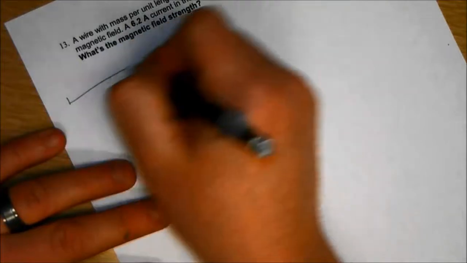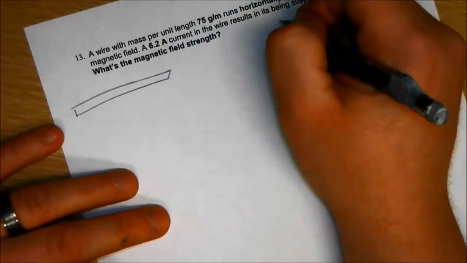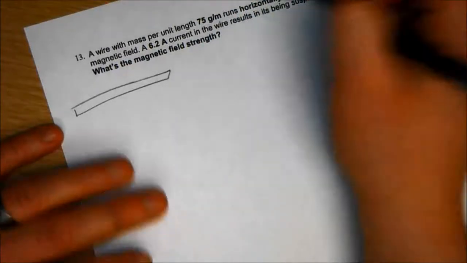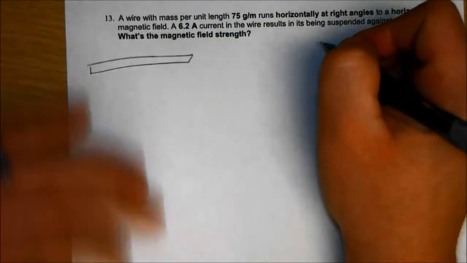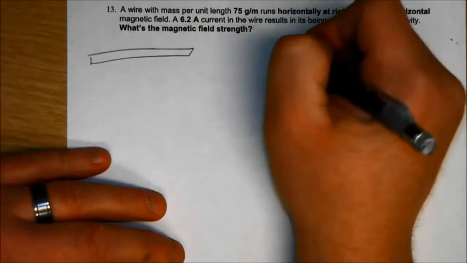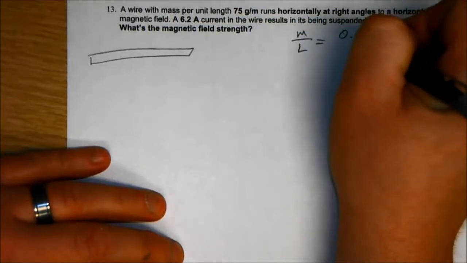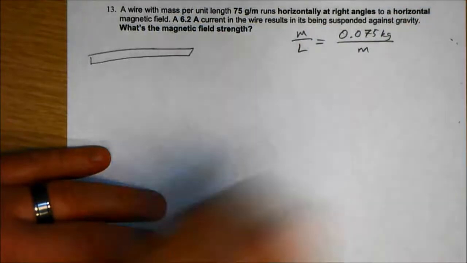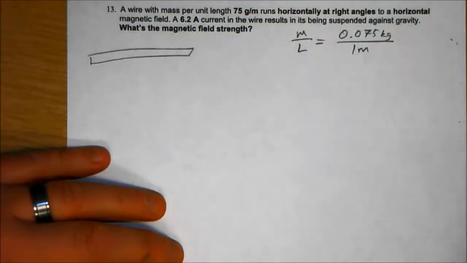So the final question says you have some wire of length 75 grams per meter. So it's basically like a linear density, right? This is going to be mass per unit length, or 0.075 kilograms, I just converted to kilograms, per 1 meter.